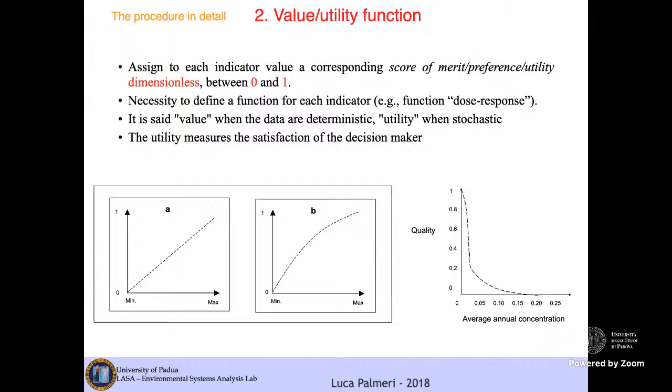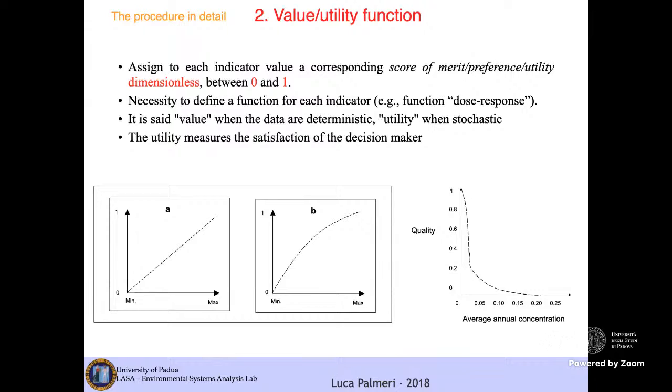It is generally dimensionless, in the interval between 0 and 1. It is necessary to define a function for each indicator, so you will have for each column a different value or utility function.